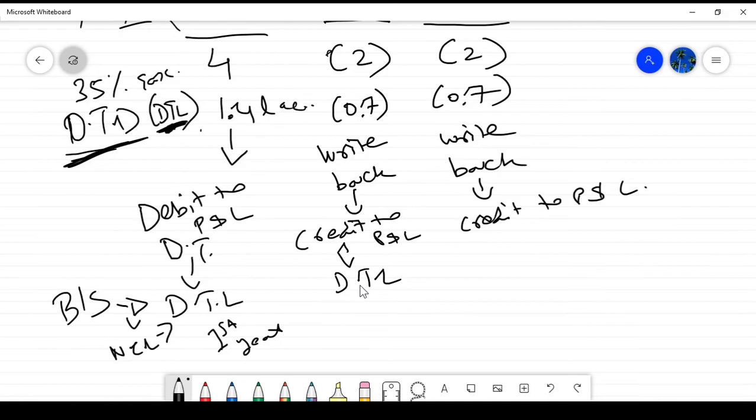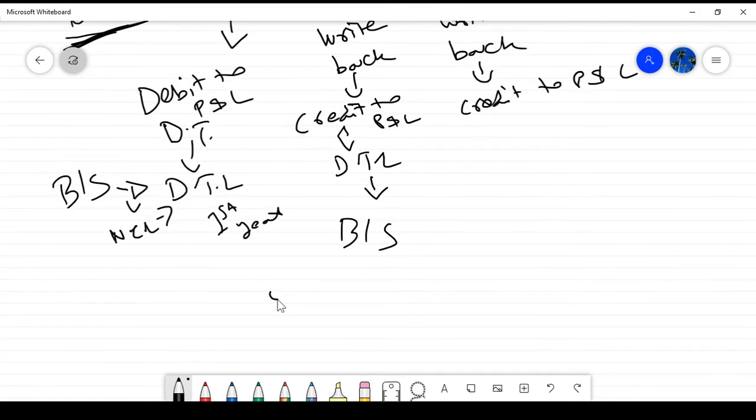Then what is my balance sheet figure? Balance sheet deferred tax liability opening balance, how much? 1.7 or 1.4?